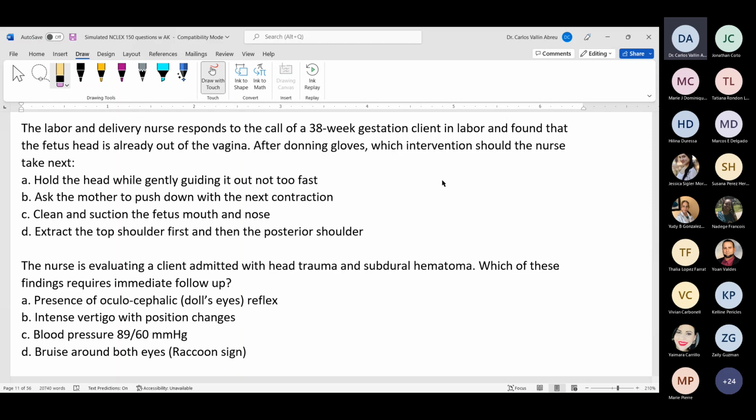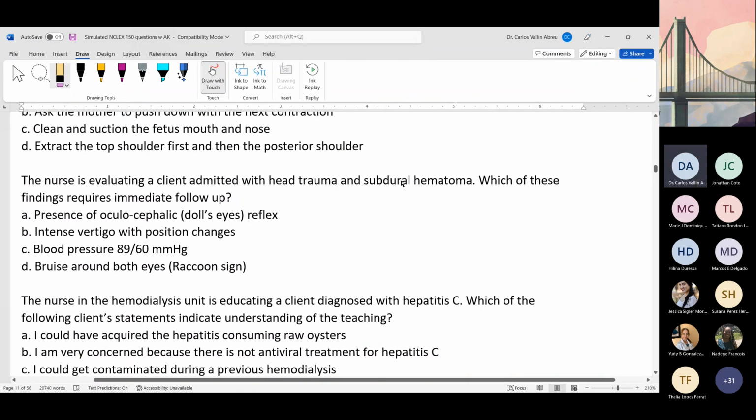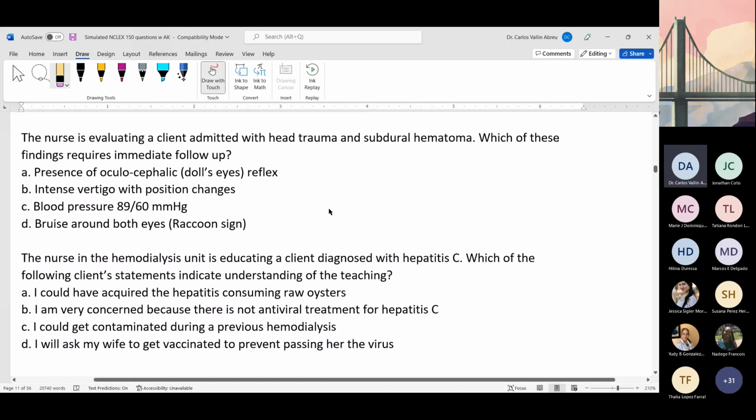The natural birth, when there are no emergencies, is to allow everything to happen alone. The only thing that you do is receive the baby, so you prevent the baby from falling on the floor. And that's it. So observe a birth on YouTube to see how it works.